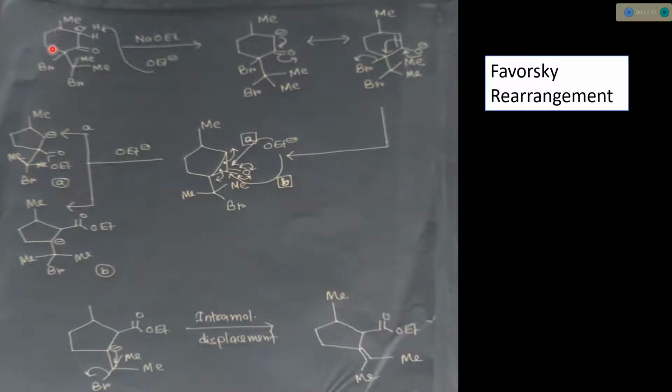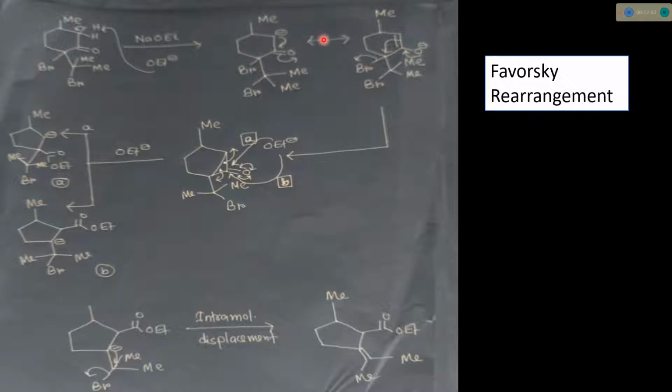See, this is the reactant given. A carbonyl group is there. On this alpha carbon no hydrogen is there. On this alpha carbon 2 hydrogens are there. So sodium ethoxide, meaning base, will abstract this alpha hydrogen. The alpha hydrogen of any carbonyl compound is acidic, so it will abstract this hydrogen.